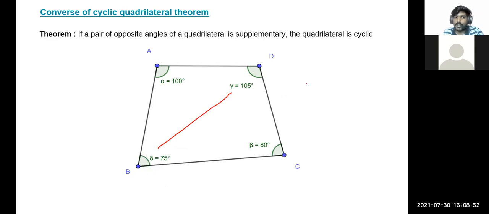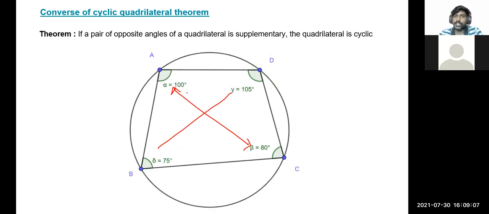So 75 and 105 is nothing but 180. And similarly, you add this opposite pair of angles, and that is also 180. So in this case, you see the opposite angles are supplementary. Since opposite angles are supplementary, this is a cyclic quadrilateral. All the vertices or all the end points lie on the same circle.